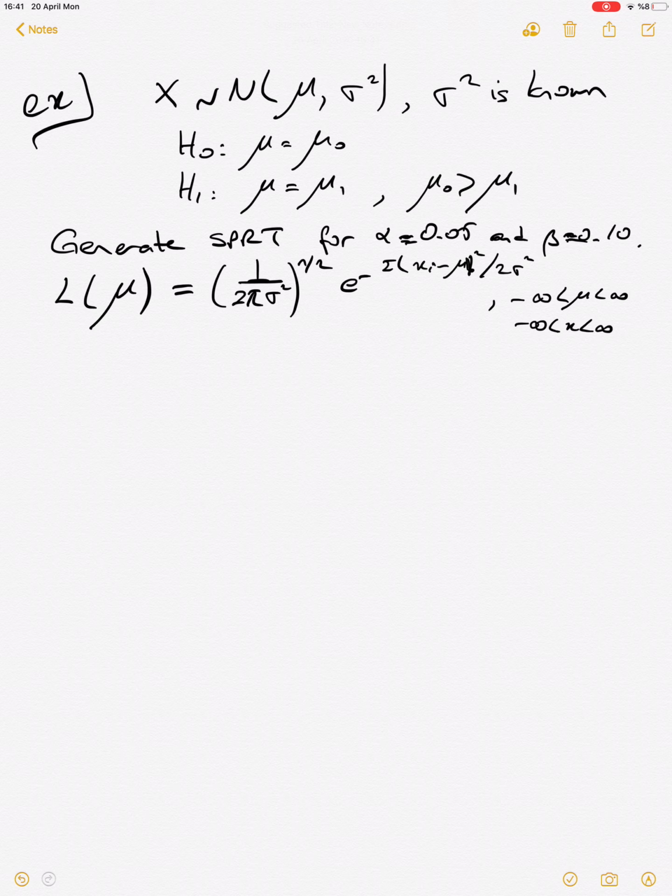Then we can find the simple likelihood ratio by getting the ratio of the likelihood under the null and under the alternative.